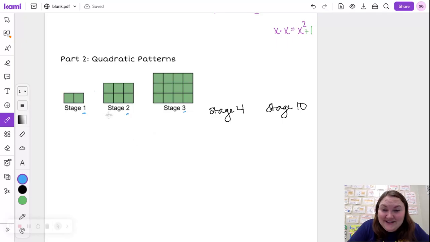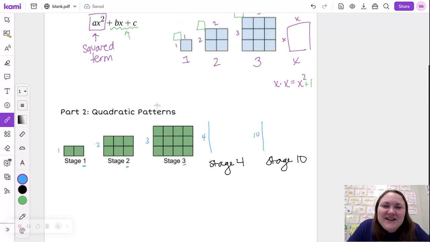As I look at that, I start to see that the height every single time is the same number. Here I have a height of 1, here a height of 2, here a height of 3. And so when we get to stage 4, I know it's going to be 4 squares tall. And when we do stage 10, I know it's going to be 10 squares tall.